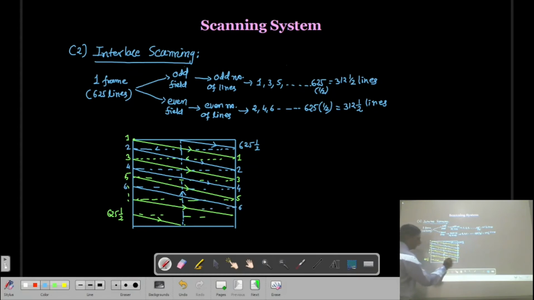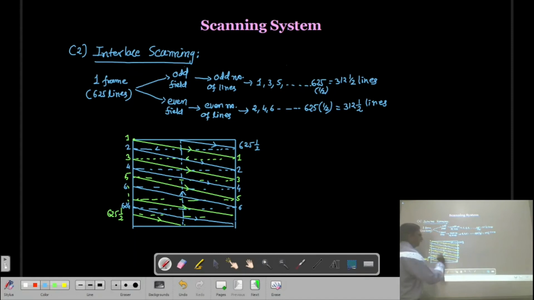When this even field is going to be completed, the last line will be 624, and the electron beam will be at the bottom. Okay?